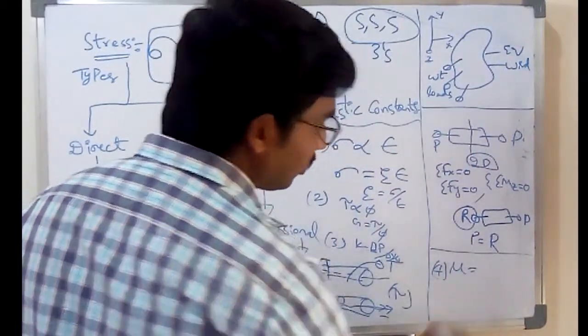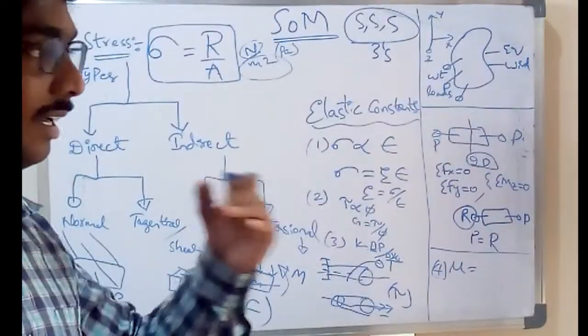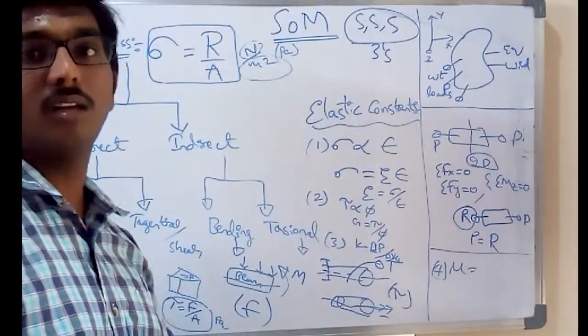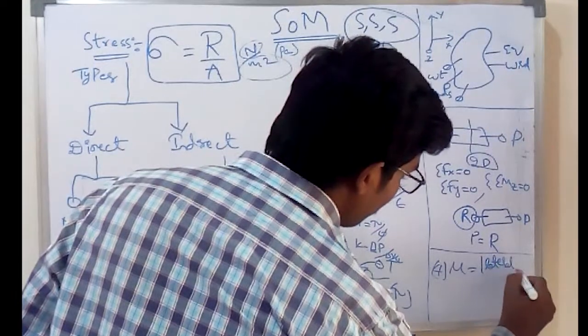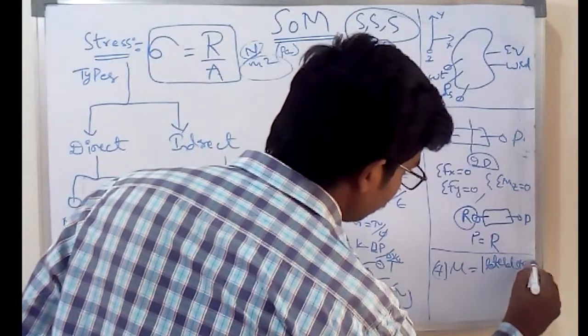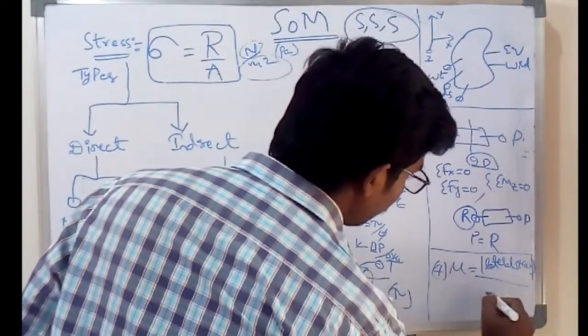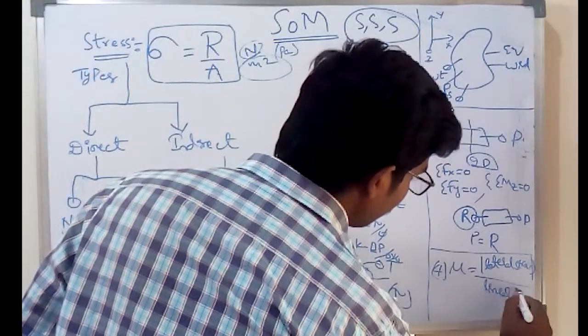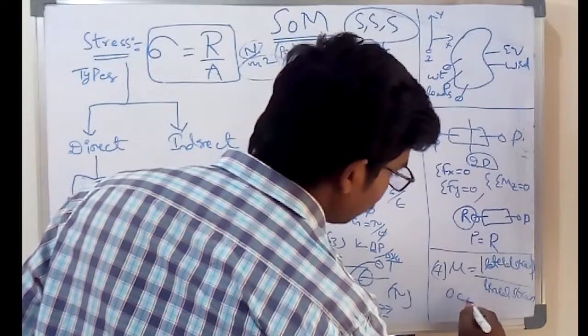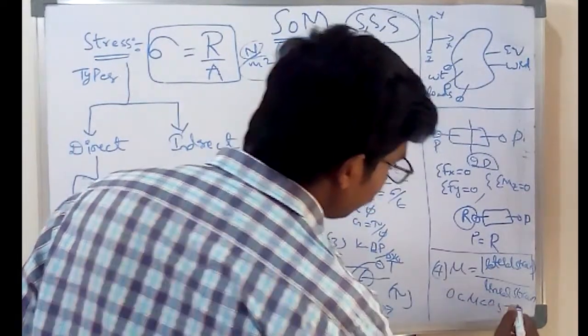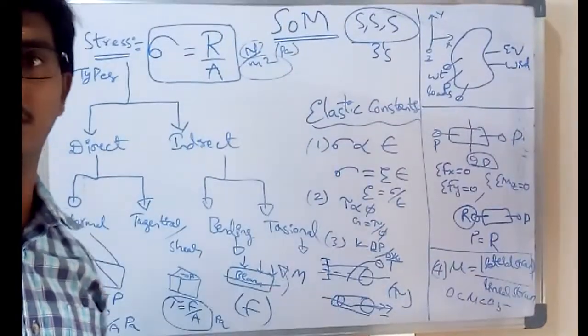Poisson's ratio is nothing but the ratio of lateral strain to longitudinal or linear strain. The value of Poisson's ratio lies between 0 and 0.5.